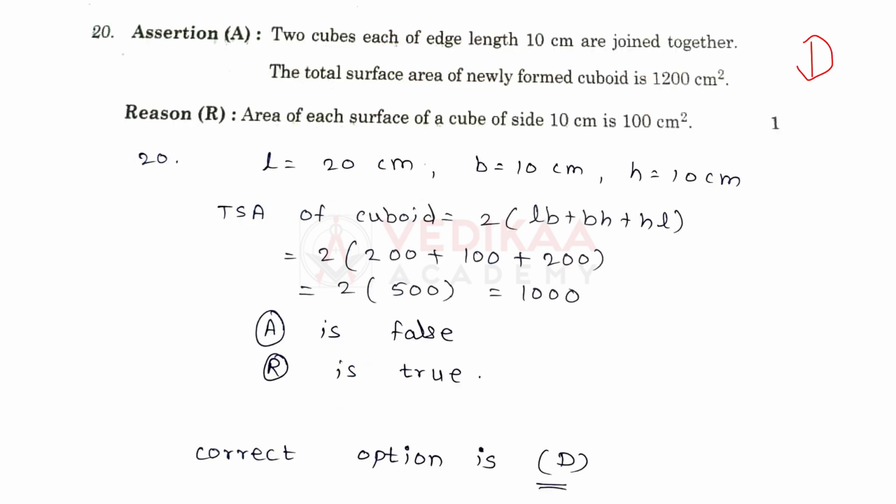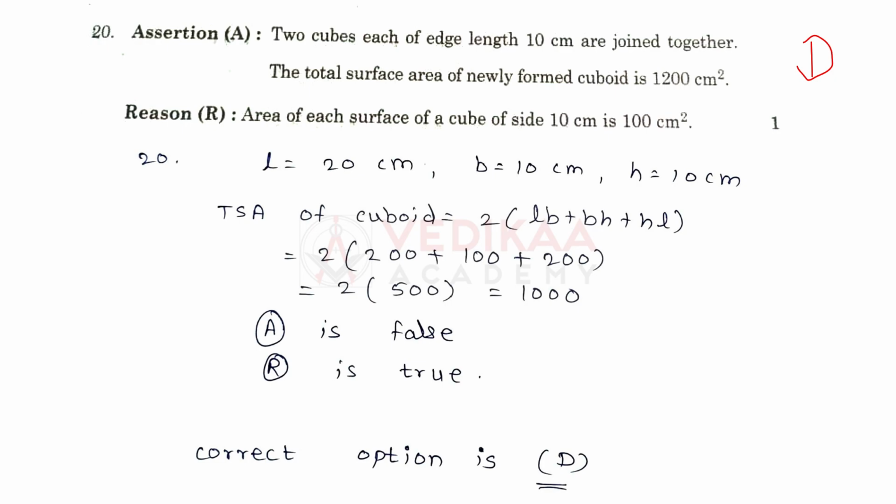Okay. Then question number 20. Cubes of each length 10 centimeter are joined. The total surface area of the newly formed cuboid is 1200 centimeter square. Now, if two cubes are joined, their length will become 20 centimeter. Breadth is equal to 10 and height is equal to 10. So TSA of the cuboid, if you calculate by using 2 into LB plus BH plus HL, the answer is coming out to be 1000 centimeter square.